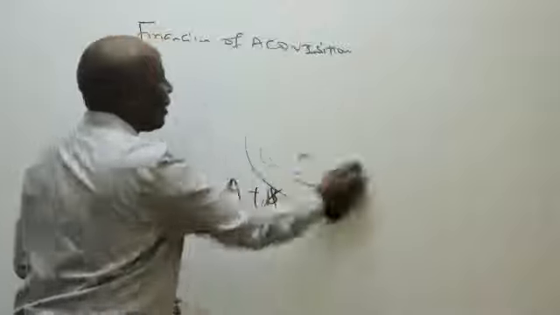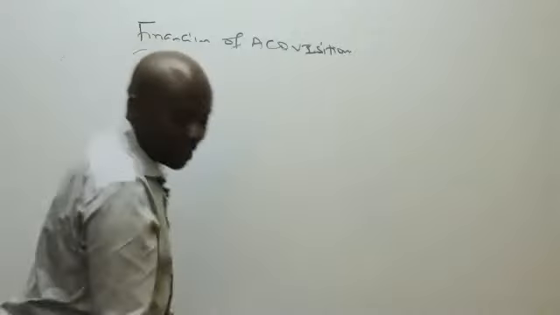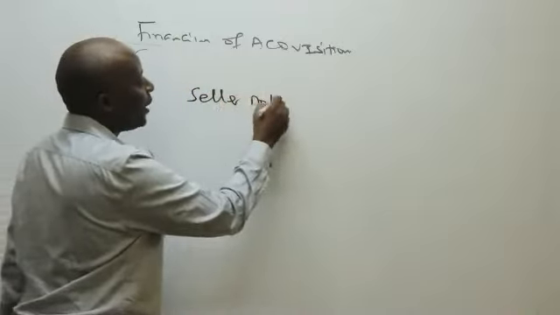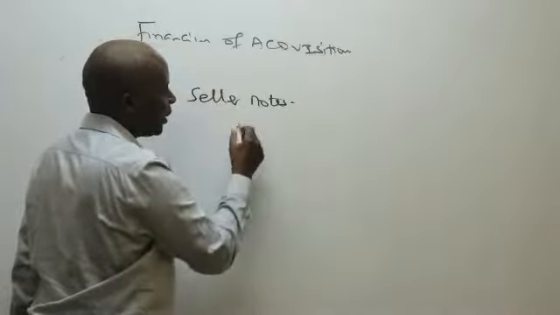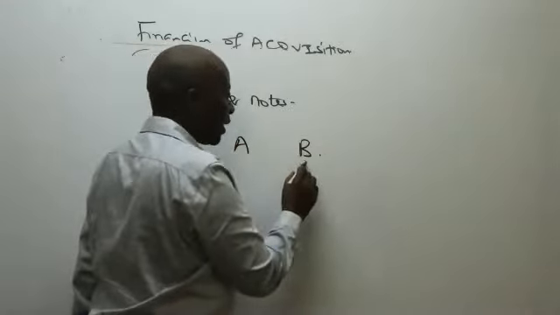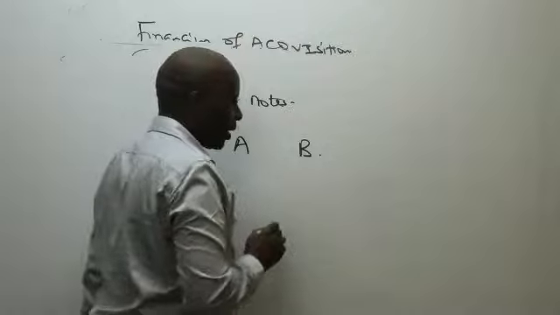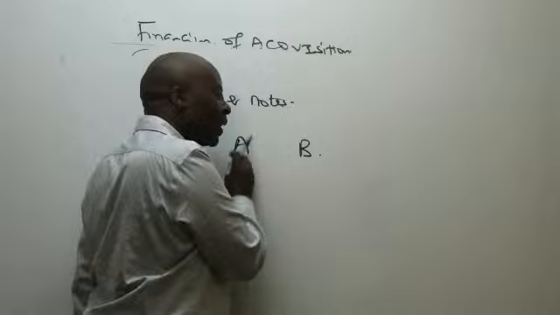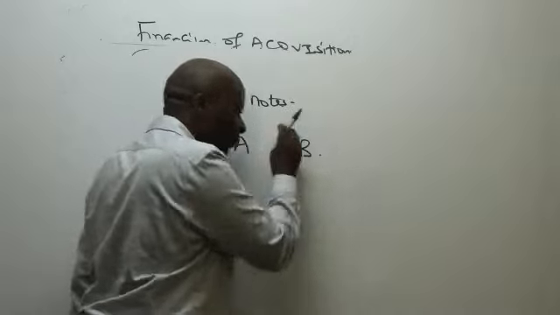Okay, so we have the seller notes. So under seller notes, what do we have? We have A, we have B. B wants to sell their shares. The only company they are getting here is A, but A is telling B that we don't have money to give you people today.